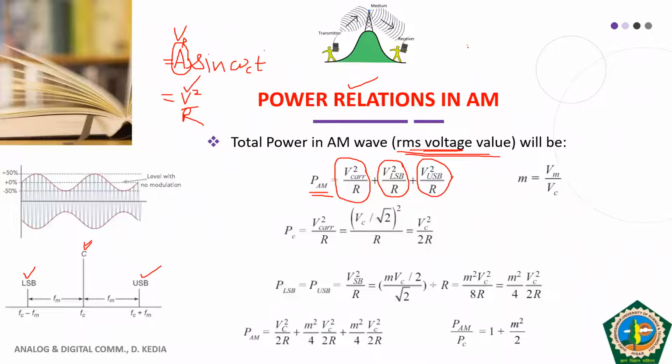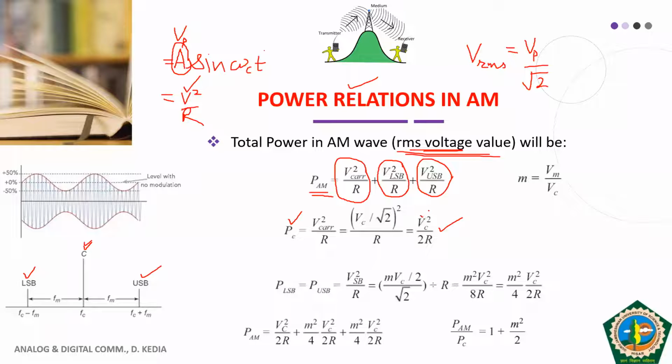Your RMS voltage, say VRMS, is equal to V peak divided by √2. This is the relationship. And since we have VRMS square, we substitute VRMS by VC by √2 and square it. So your carrier power is equal to VC square by 2R.